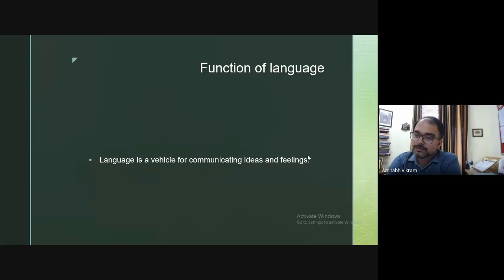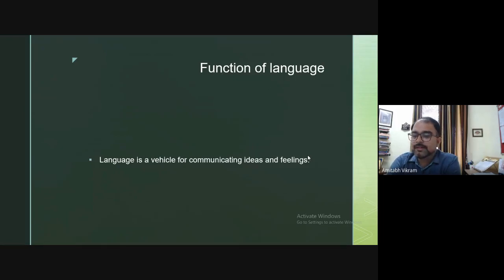So as we know, what is the function of language? Most of the time when we use language, we use it as a tool, we use it as a vehicle for communicating ideas and feelings. So this is the functional definition of language that we have.